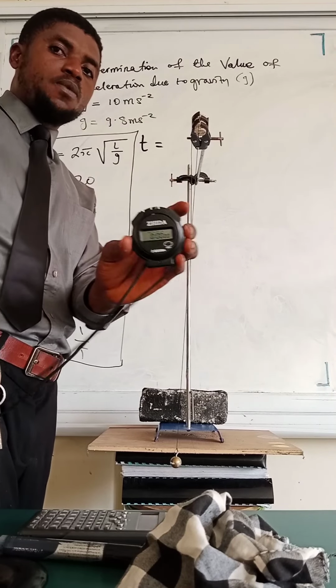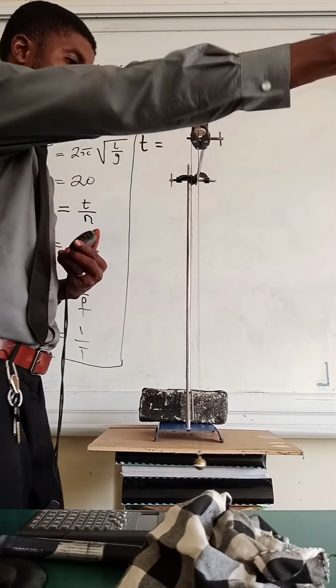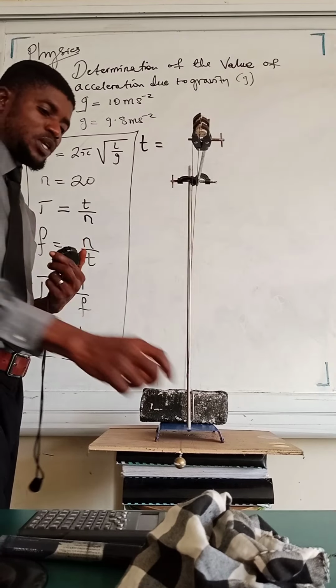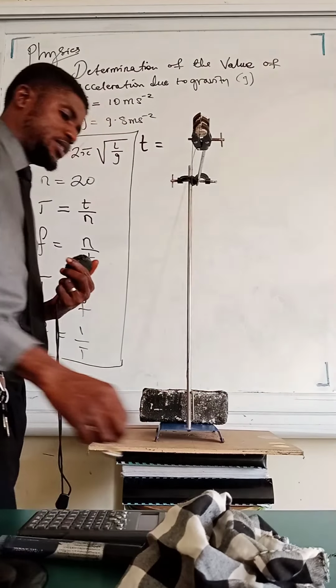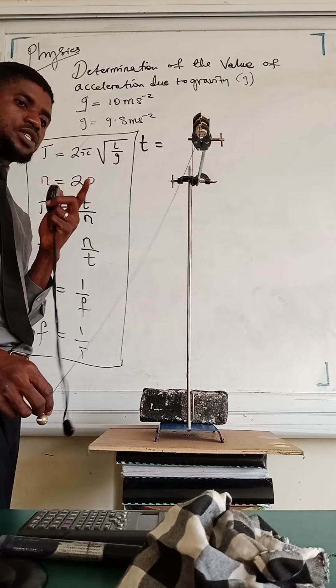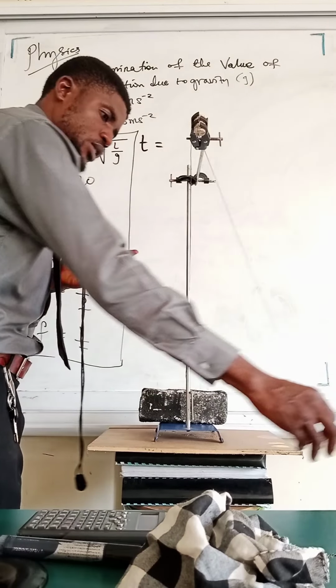As you can see, our stopwatch is reading 0, 0, 0. And so, what do we mean by one complete oscillation? If this bulb is displaced and it goes this way and comes back this way, that is one complete oscillation. That is to and fro. That is 1, 2.